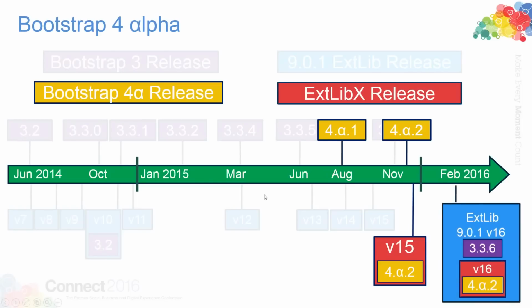And then I think it was actually the 2nd of February, we officially released the extension library at Connect, and that incorporated the 3.3.6 upgrade of Bootstrap, and also incorporated this xlibx work, where we moved up to V16 of that plugin with some additional fixes and changes there. So all of that is incorporated into the latest extension library that came out about 2 weeks ago.